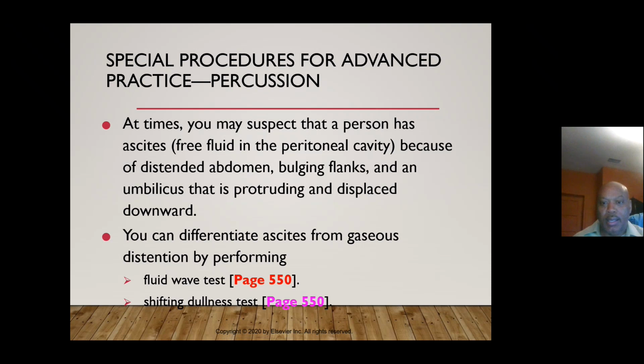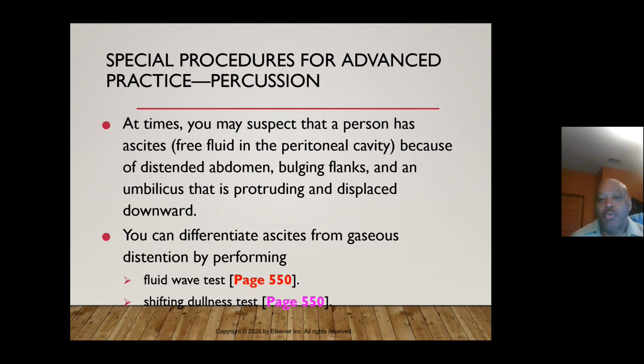When someone does have ascites, the abdomen is typically distended. The flanks bulge, and the umbilicus protrudes and is displaced downward.